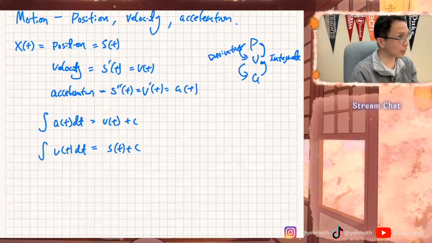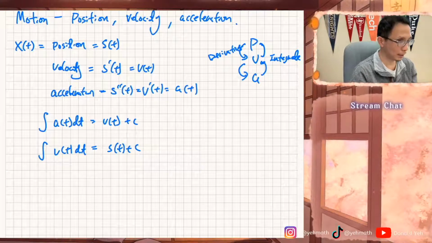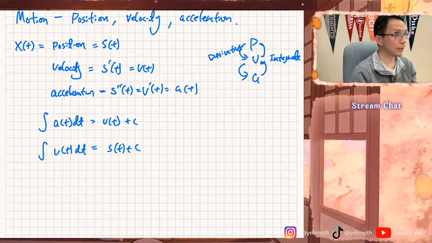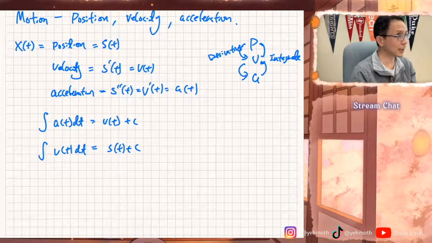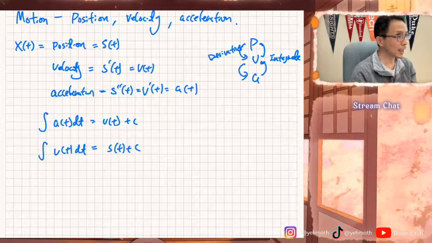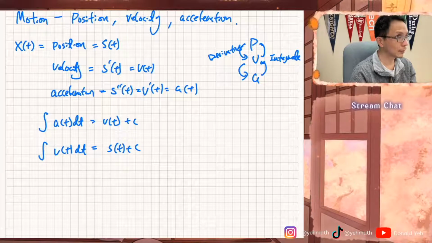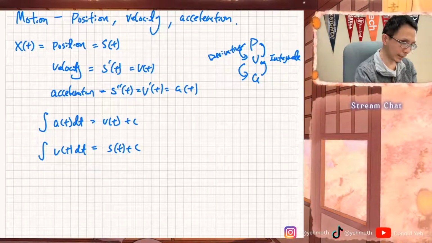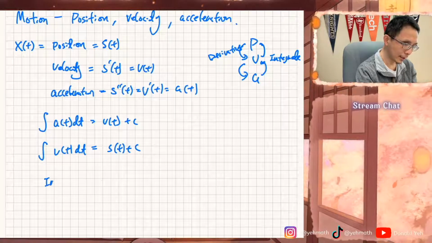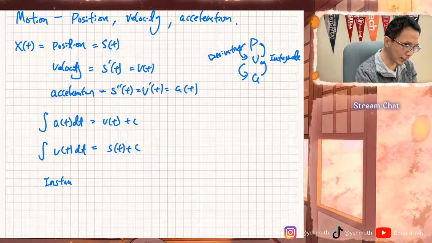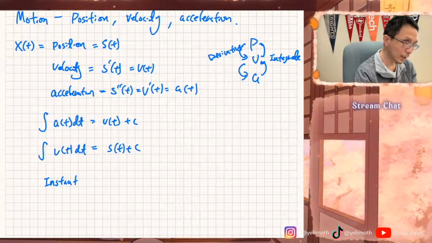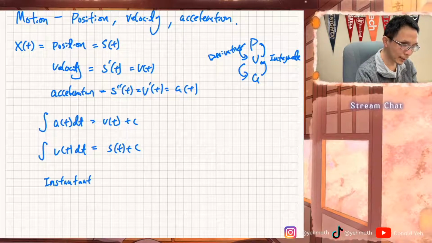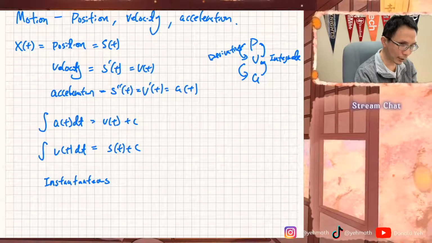Now let's focus on velocity. There are two types of velocity in general in calculus. What kind of velocity can you think of? Instantaneous? Average. Yeah, good job. Average, and instantaneous. I have no idea how to spell this.